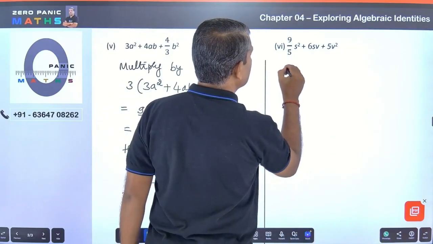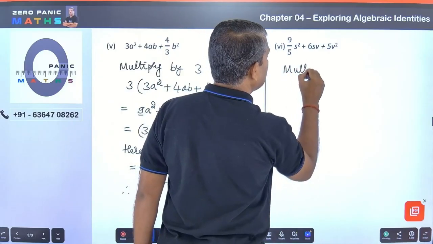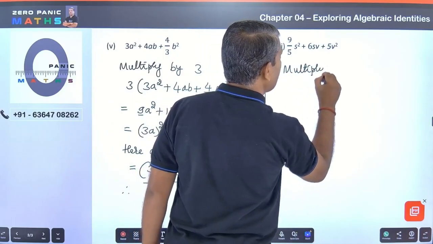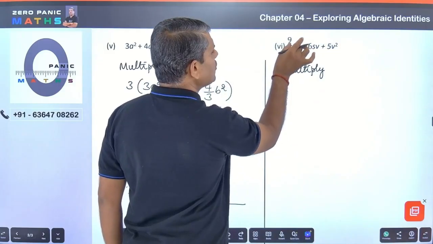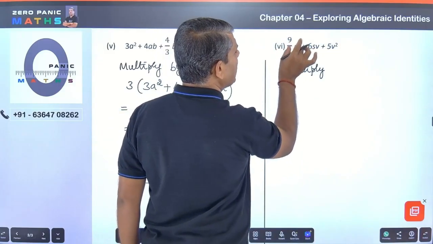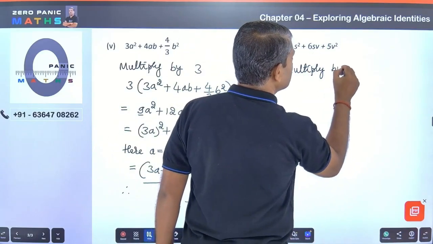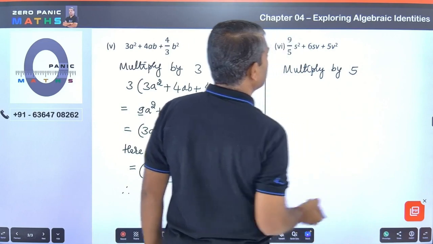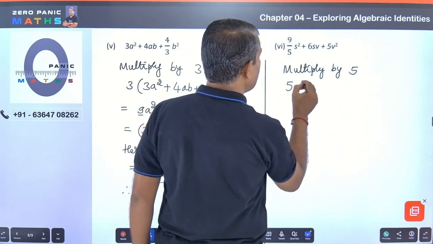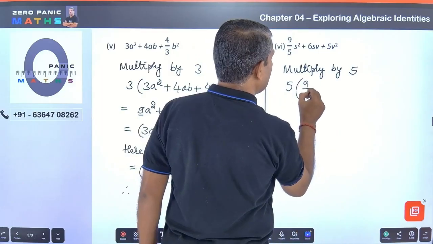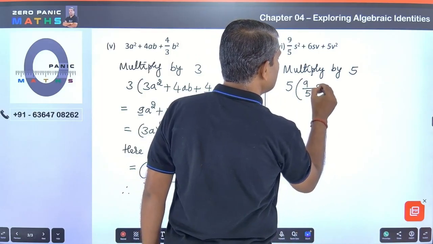Why I'm multiplying this by 5? You have to identify such a number, multiplying or dividing by which will actually make the a square and b square terms perfect squares. That is the reason I'm multiplying it by 5. So let me multiply this by 5, and that is 9 by 5 s square.